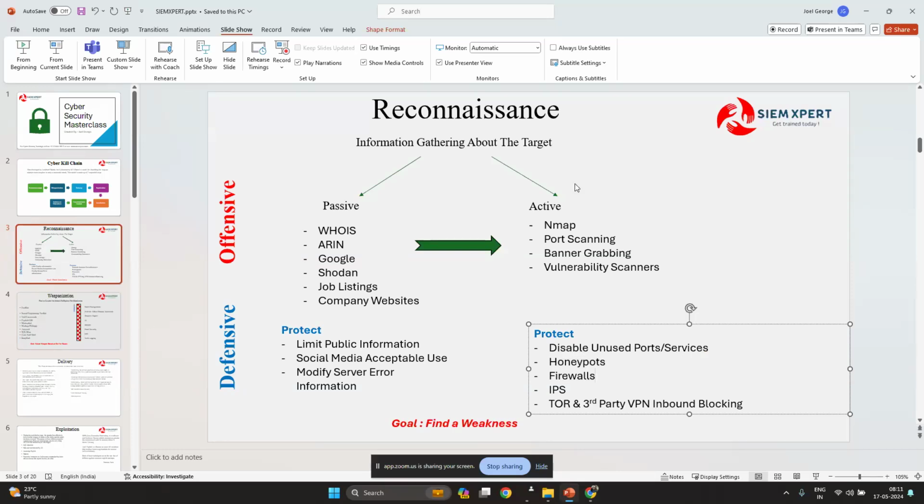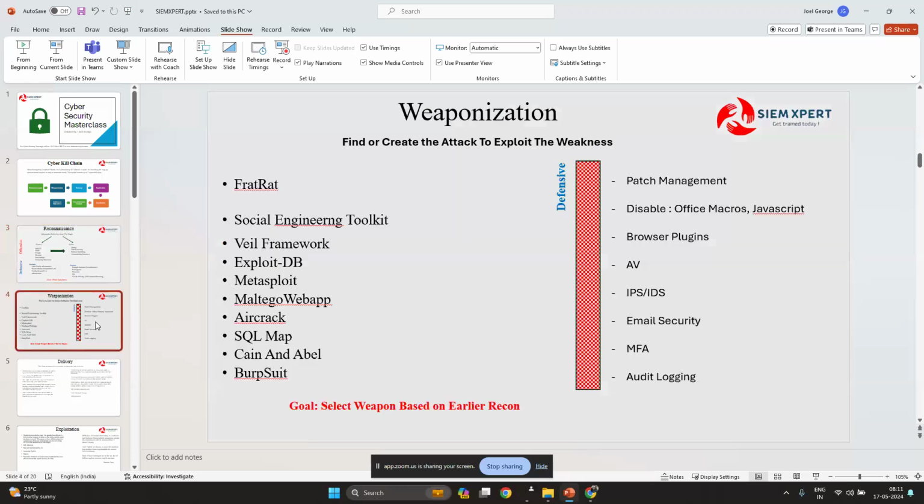So mainly a recon stage is just to gather information about a victim and find his weakness, so you can move on to the next stage, that is weaponization. In this stage, an attacker is trying to exploit a weakness which he found from the previous recon stage.